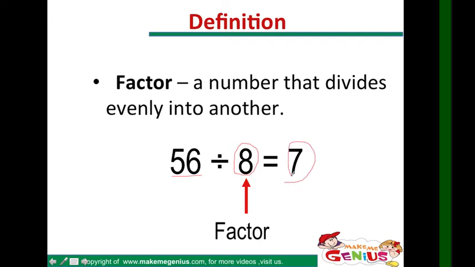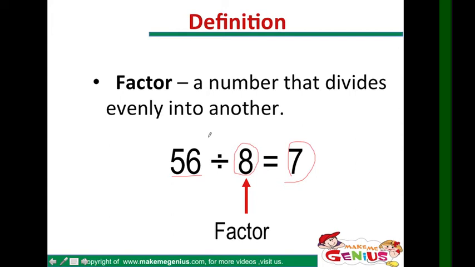When that happens, the number you divided 56 by is a factor of that number. So if I divide 56 by 8 and get 7, which is a whole number, therefore 8 is a factor of 56.